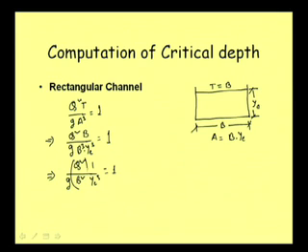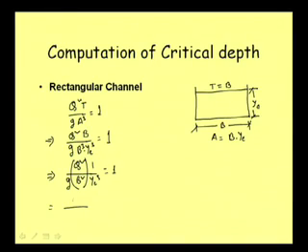Now this Q square by B square term can be written in terms of unit discharge, that is discharge per unit width, Q by B, and the symbol used for that is small q.